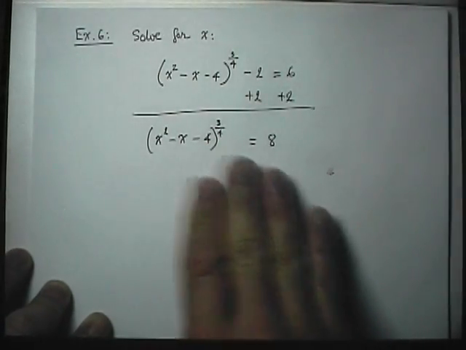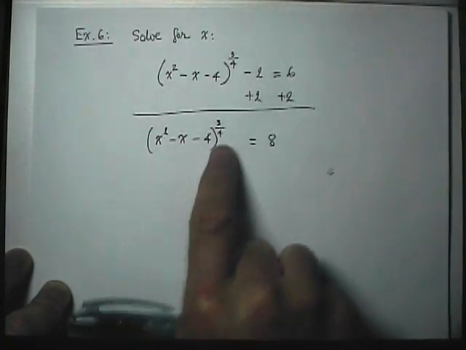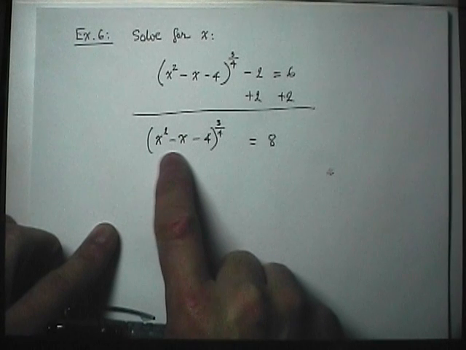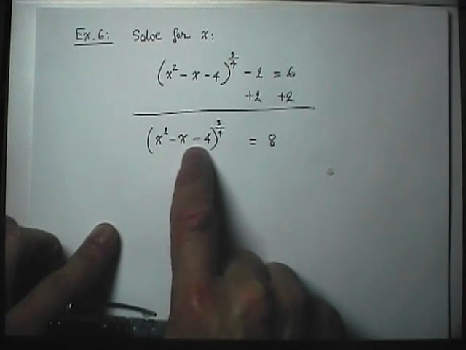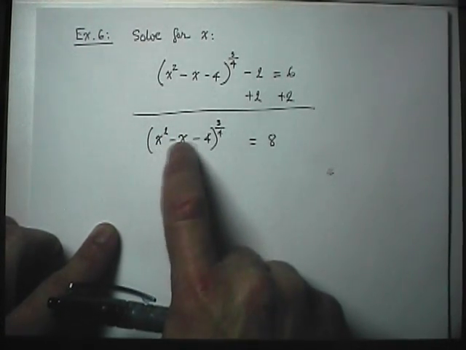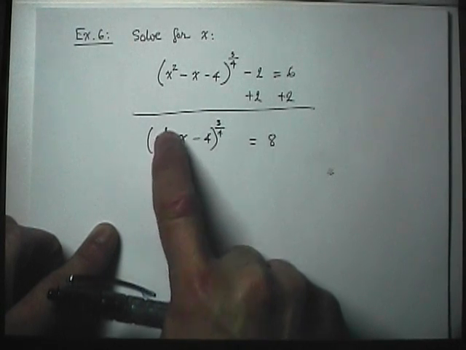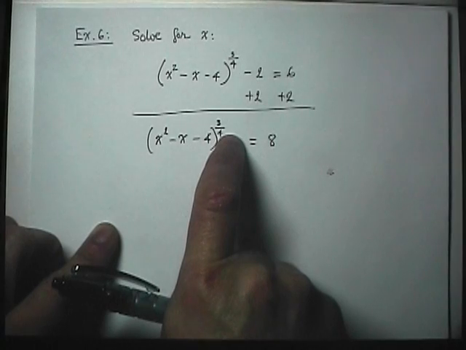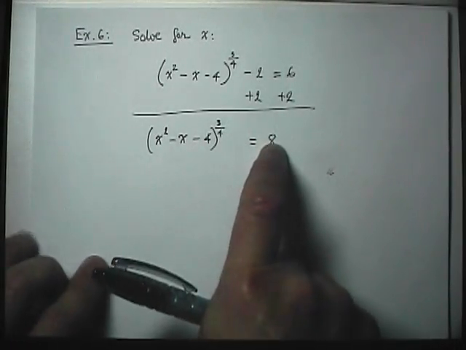Now my equation here is in ordinary form once again. I have one expression. At this point, I don't really have to pay attention to whatever the part inside of the expression is. All I care about is that it's one expression being raised to a rational exponent and equals the number 8 on the right-hand side.